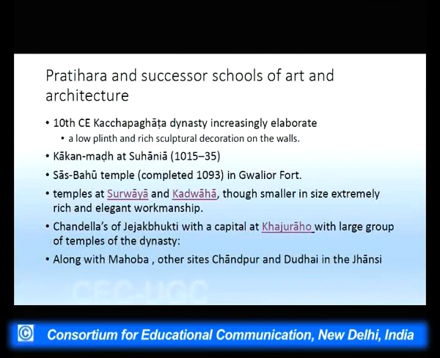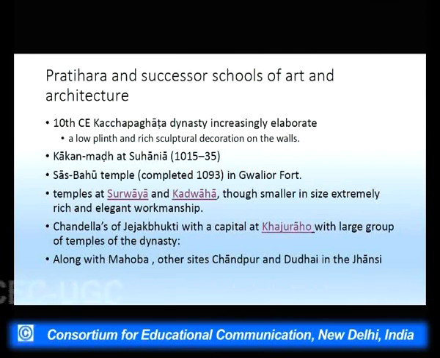The first and important feudatories are the Kachchhapaghata dynasty, in whose temples we see a not very tall plinth or jagati, and an increased elaboration of the Alankara scheme, or the sculptural decoration on the walls.